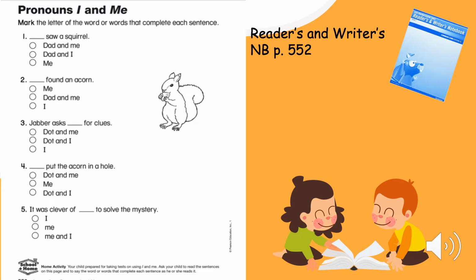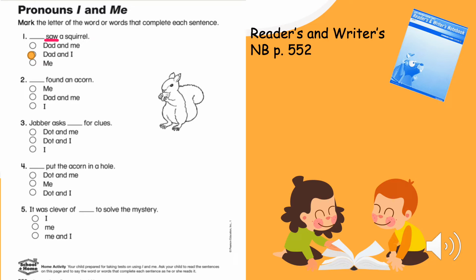Blank saw a squirrel. Is it Dad and me saw a squirrel? Dad and I saw a squirrel? Or me saw a squirrel? The answer is Dad and I. Why? It's because it is found before the verb saw.